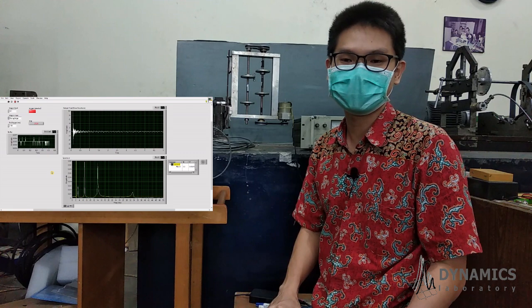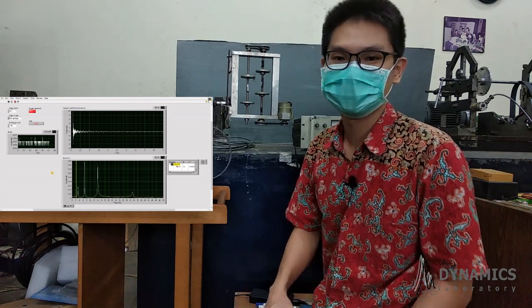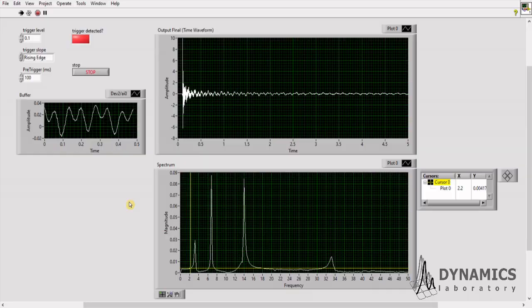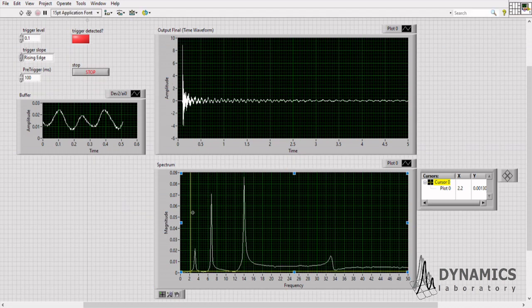For the second experiment, we will conduct the bump test experiment in the y-axis. The LabVIEW program is already running. Then we can directly give an impact excitation force to the system. On the lower graph, you see the spectrum of the vibration response.